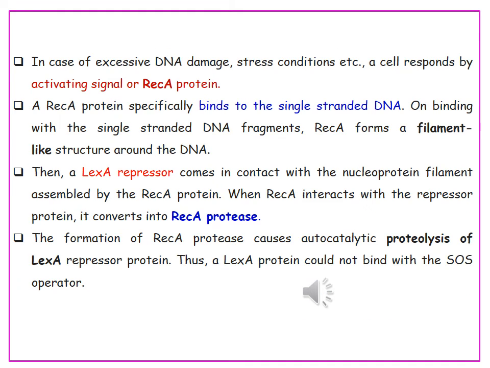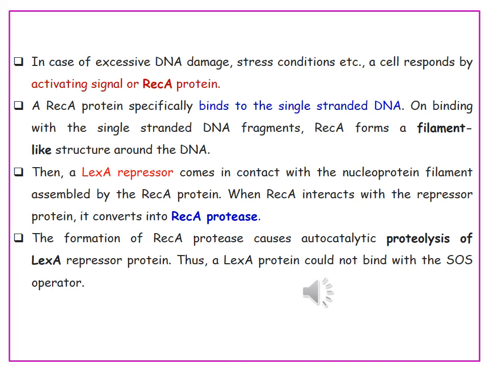In case of excessive DNA damage or stress conditions, a cell responds by activating the signal protein RecA. RecA protein specifically binds to single-stranded DNA. On binding with the single-stranded DNA fragments, RecA forms a filament-like structure around the DNA.